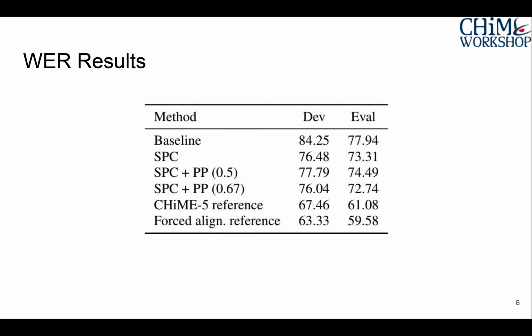We think that this reference may be better on the recognition side, but it may not be optimal for the diarization, so we need to take a deeper analysis on this.